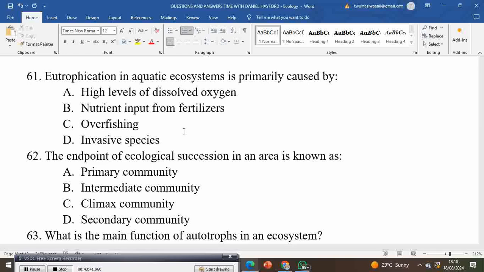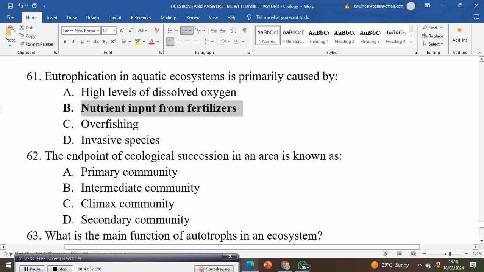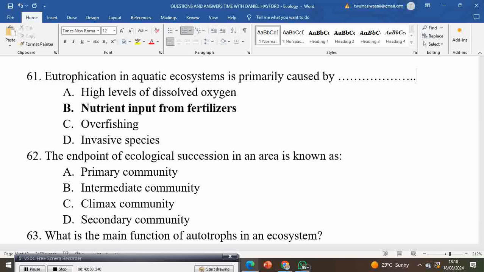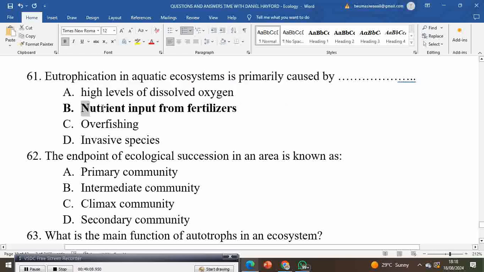Question number 61. Eutrophication in aquatic ecosystem is primarily caused by nutrient input from fertilizers. And then the question, is the question itself standard? No. So let us do this.